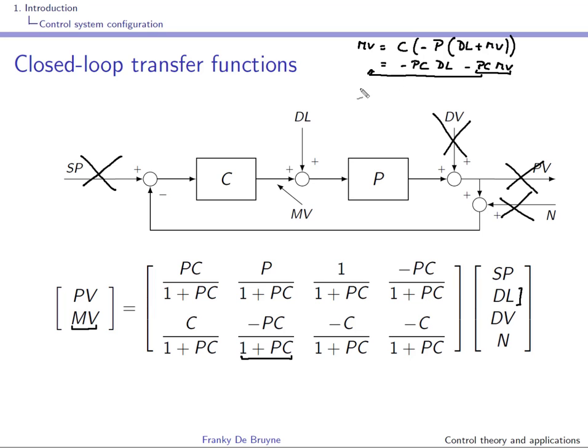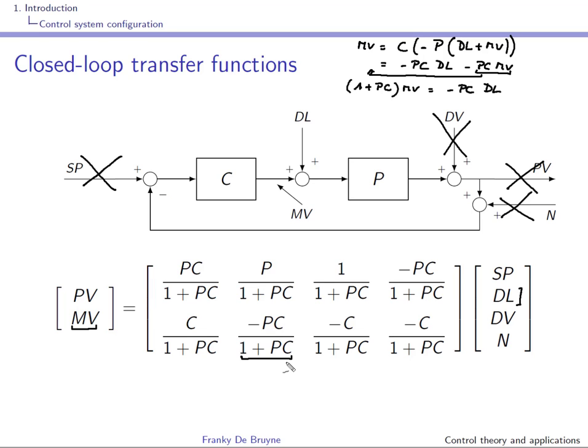And we have 1 plus PC MV is equal to minus PC DL, right? So indeed, the relation from DL to MV is this one here, minus PC over 1 plus PC, and this is what you obtain indeed.